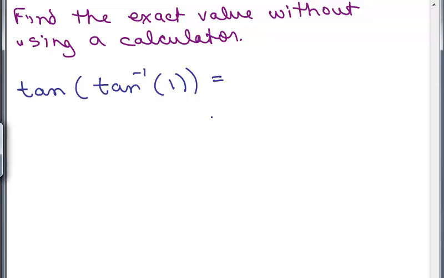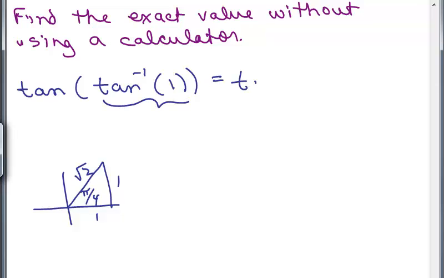Since it's positive, we're talking quadrant 1 here. And hopefully you recognize that as the 45-degree angle, or pi over 4. So now, what's the tangent of pi over 4? The tangent is 1 over 1, and we get 1, just like we thought.